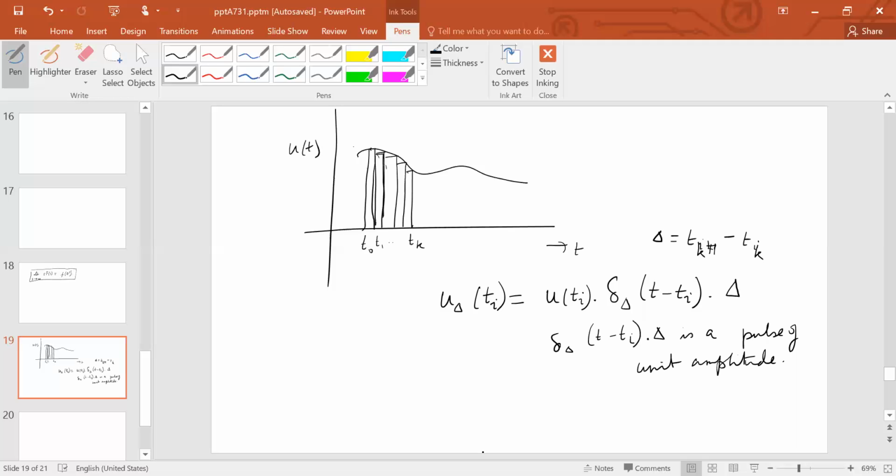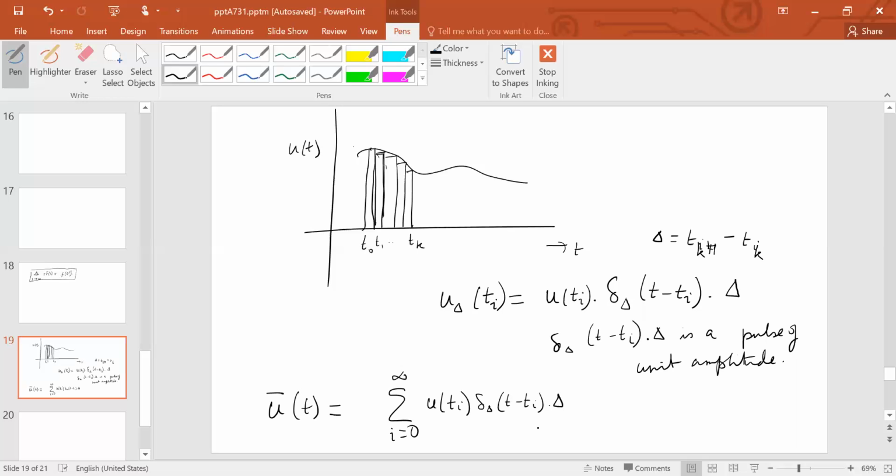Now, therefore, an approximation, let's say u bar of t, can be written in this fashion: sum over i equal to 0 to infinity of u of ti, delta of t minus ti, times delta.